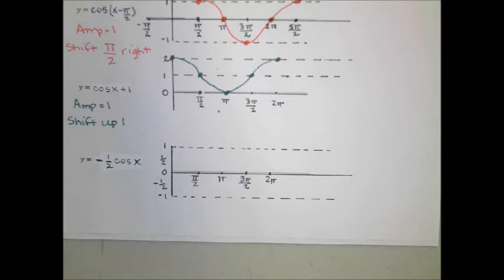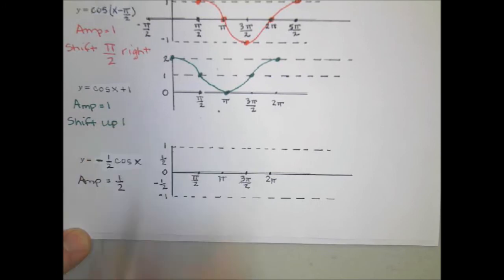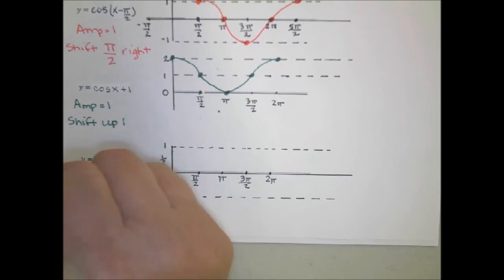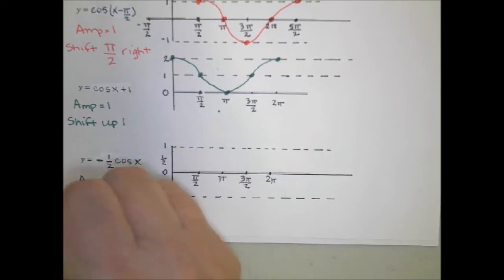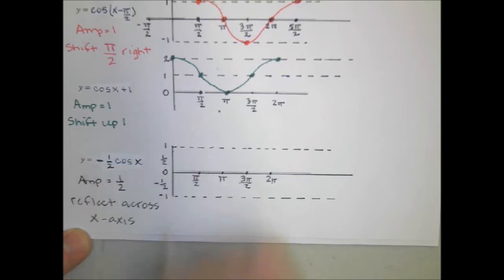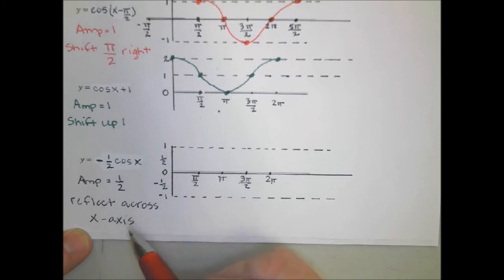For my last example, I'm going to have y equals negative 1/2 cosine x. Now, the amplitude is 1/2. There is no shift left or right, but there is that negative sign, which reflects across the x-axis. So my max and my min are only going to be at positive 1/2 and negative 1/2, and I'm going to reflect the graph across the x-axis.